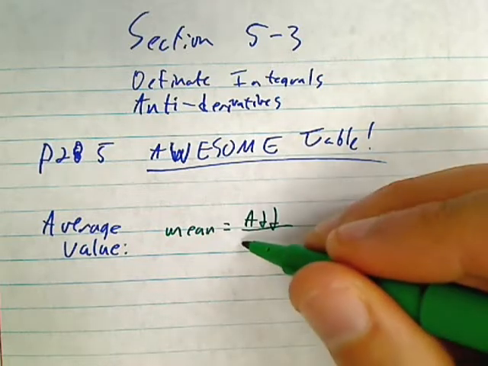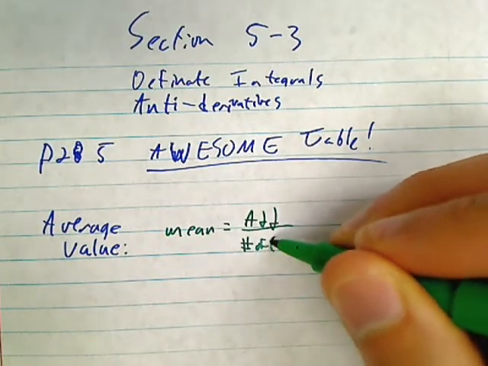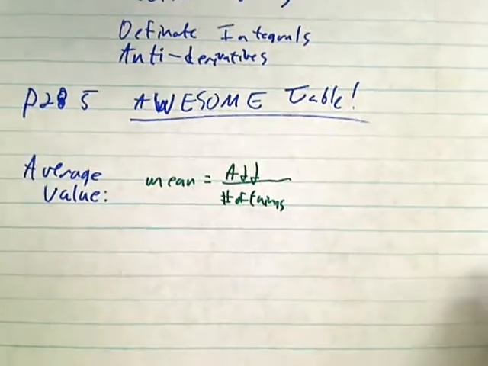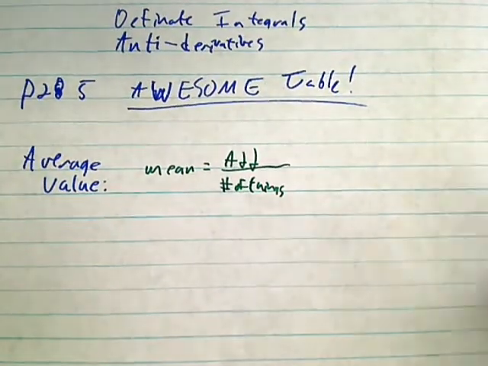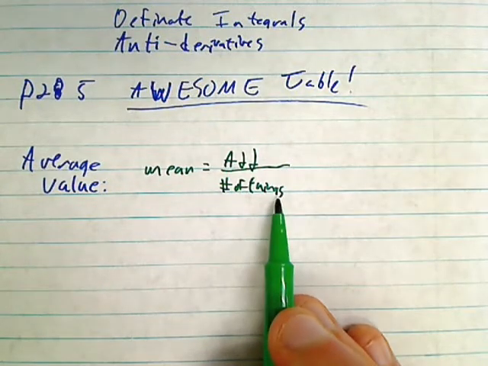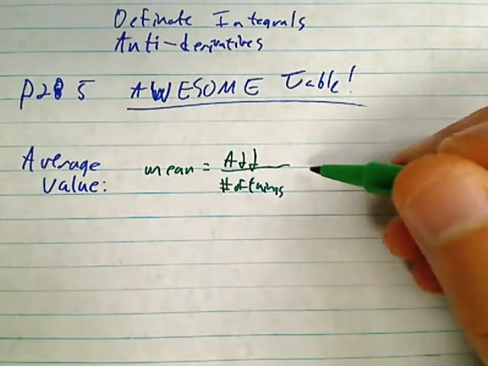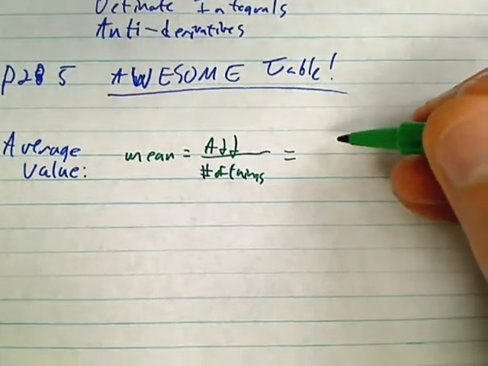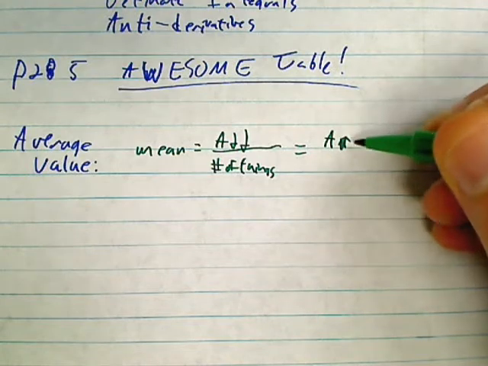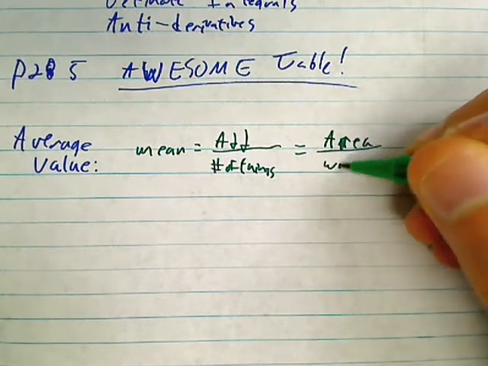When it comes to our ideas about integrals, we add up all those rectangles and then you divide by the number of rectangles. Or another way to think about this, when it comes to an integral, this is going to be like the area over the width.